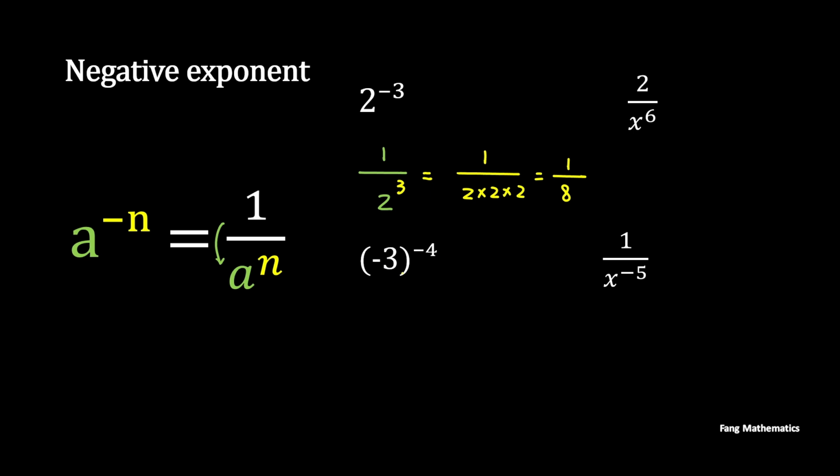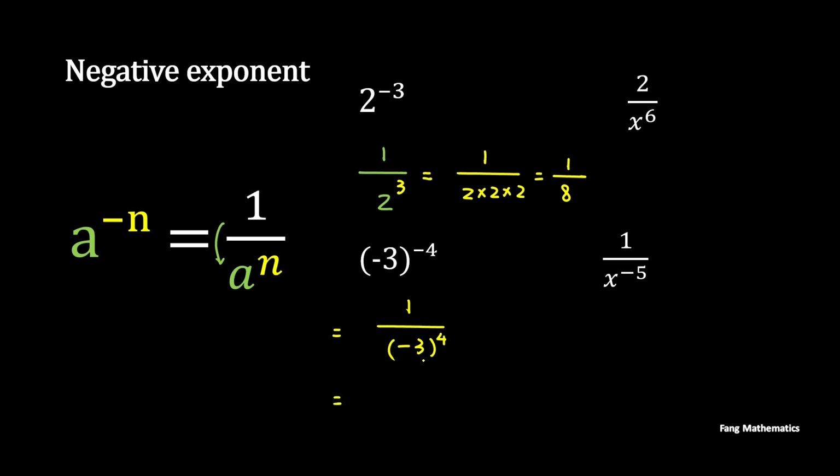Moving on, let's look at minus 3 in parentheses to the power of minus 4. If you see the negative exponent, you flip this minus 3. So this minus 3 is turned to the denominator, and nothing on top, so 1. And then this negative exponent changes to the positive, so 4.